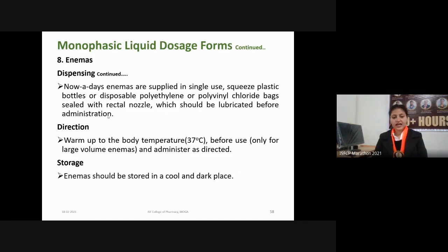Directions: warm up to body temperature before use, and this direction applies only where a large volume of enema is going to be used. They should be administered as directed. Storage: the enemas should be stored in a cool and dark place.